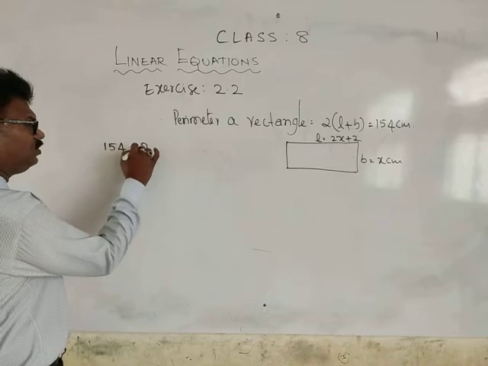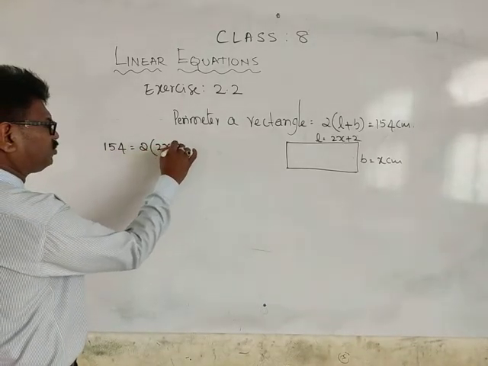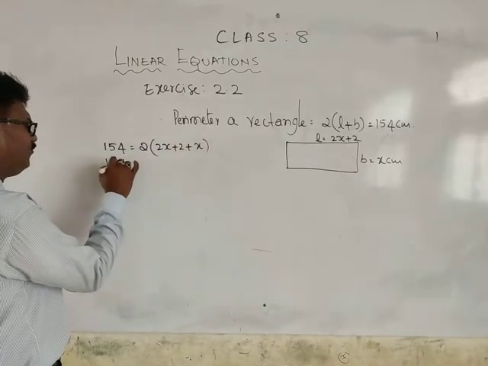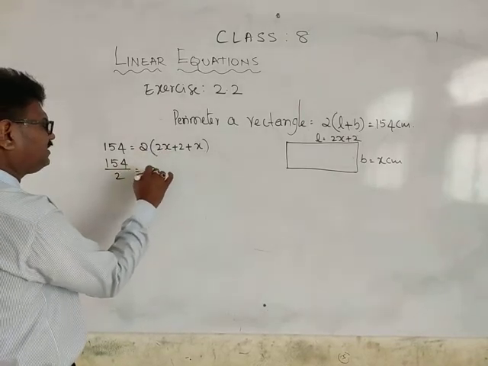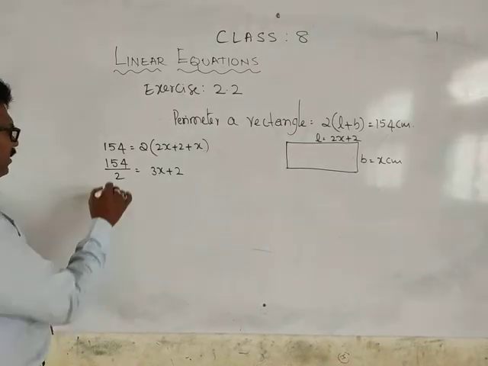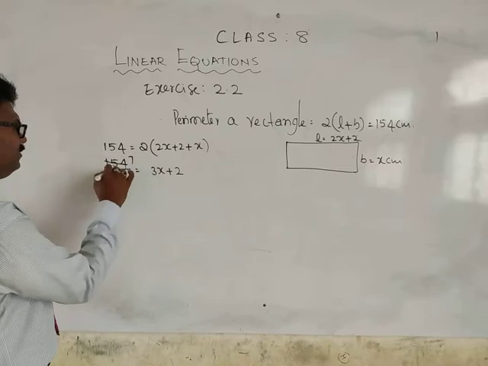Now, you can see it is nothing but equal to 154 is equals to 2 into length, which is how much? (2x plus 2) plus x. Now 154 divided by 2 is equals to 2x plus x is 3x plus 2. Now what happened? 2 ones are 2, 2 sevens are 14.